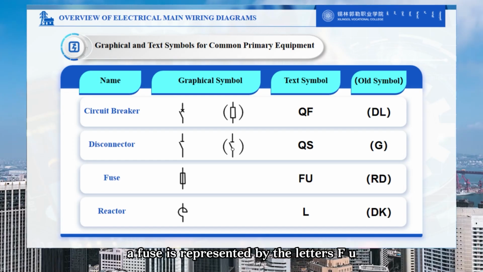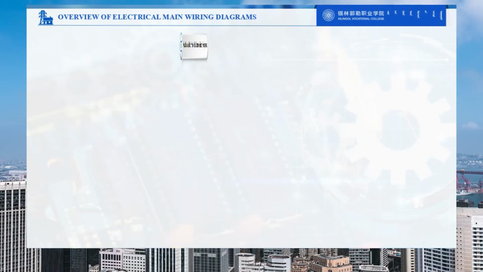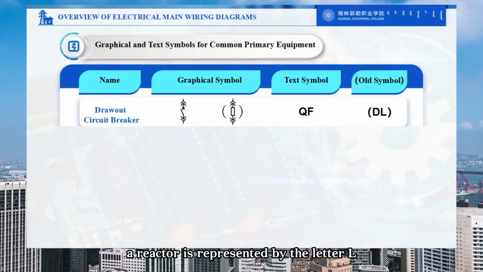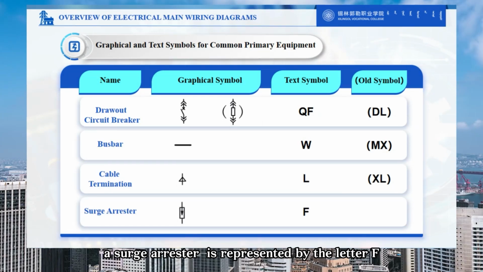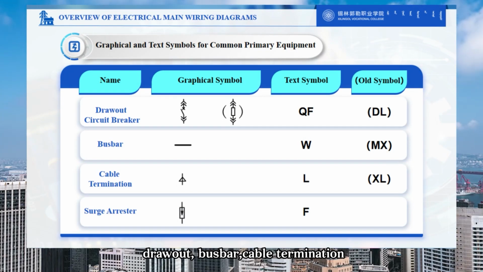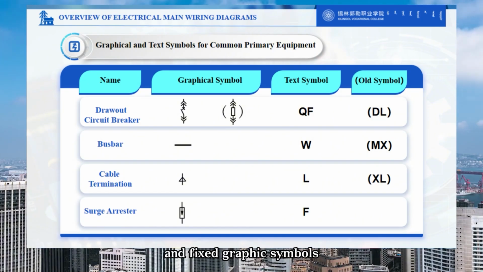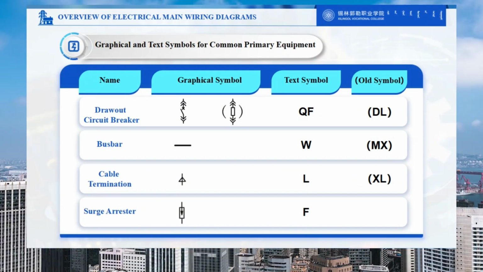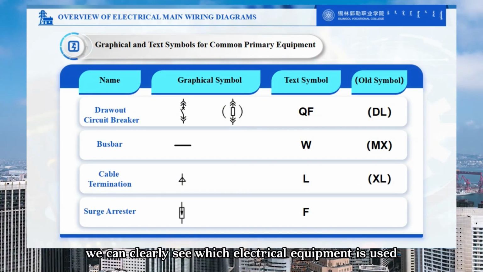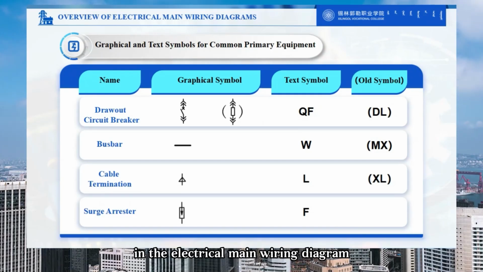A fuse is represented by the letters FU. A reactor is represented by the letter L. A surge arrester is represented by the letter F. Drawout, busbar, cable termination. All electrical equipment has fixed letter representations and fixed graphic symbols. Therefore, we can clearly see which electrical equipment is used in the electrical main wiring diagram.